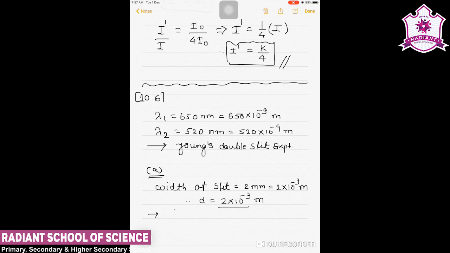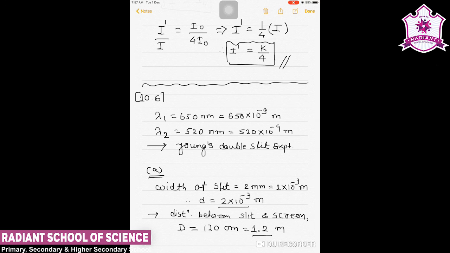So the distance between slit and screen, say capital D, is given by 120 centimeter, that is 1.2 meter.